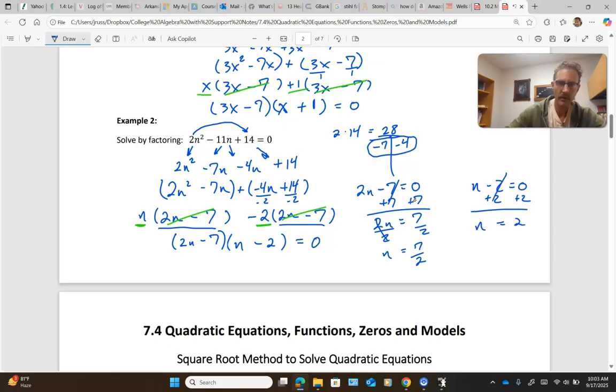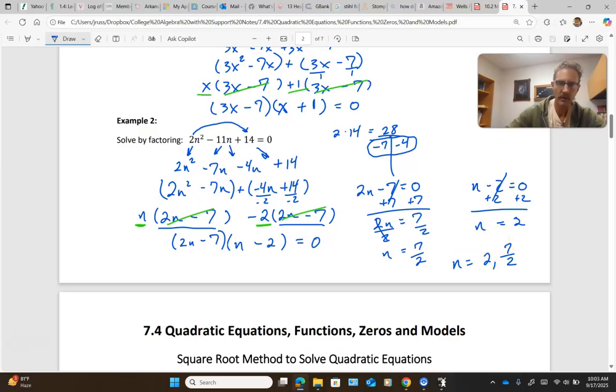So we get that n is equal to 2. And those are our two solutions. Or in other words, those would be the two zeros of the quadratic function, if it weren't set equal to 0. In other words, these are just the values of n that make this equal 0. 2 and 7 halves, which is the same as 3 1/2.